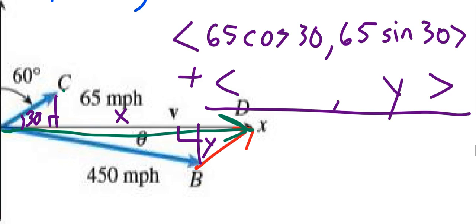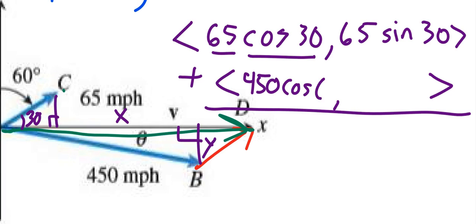Now, what do we know about x? We do know how to set it up kind of like this, don't we? So how would we set it up? We know the hypotenuse is 450. 450 cosine theta. That's about all I got.